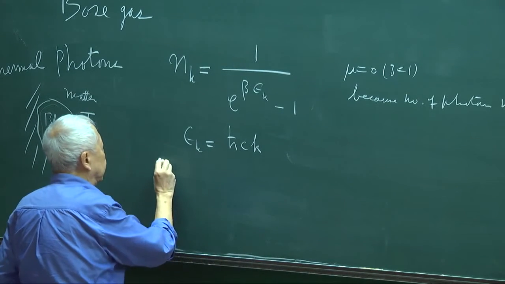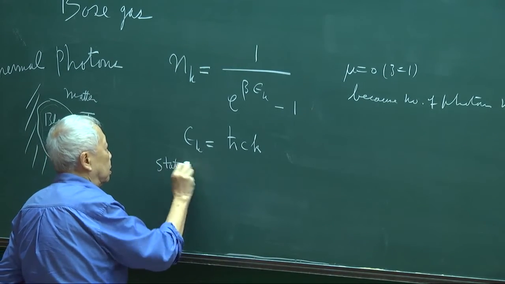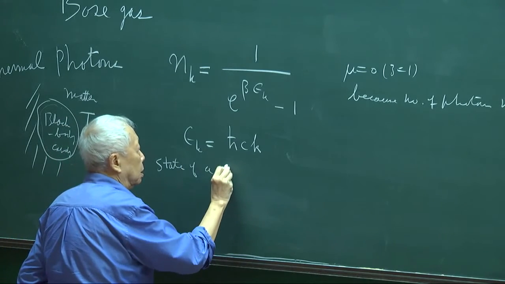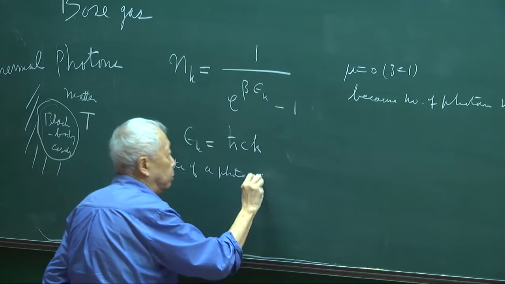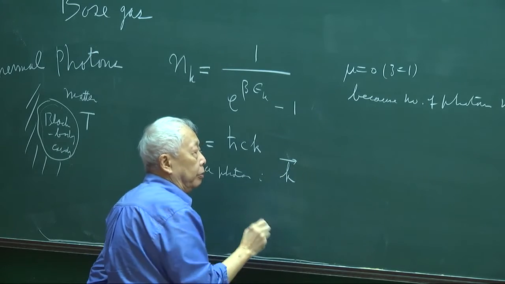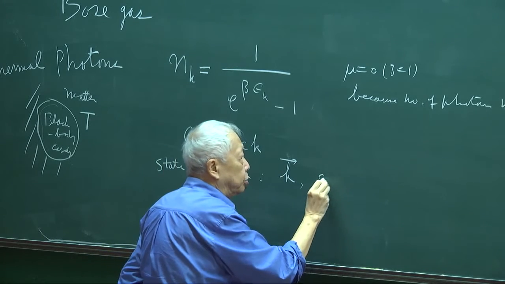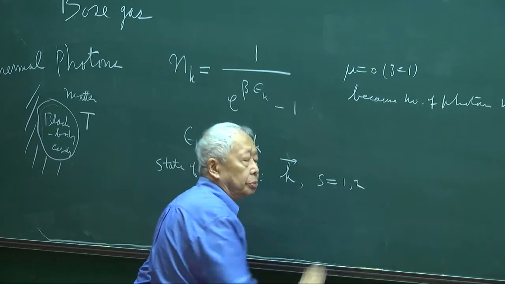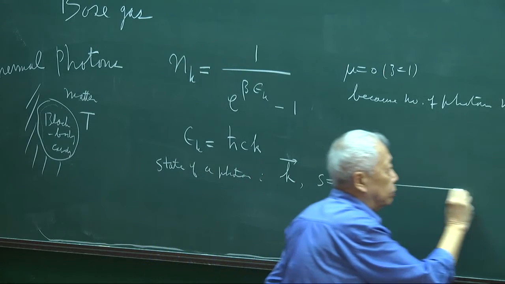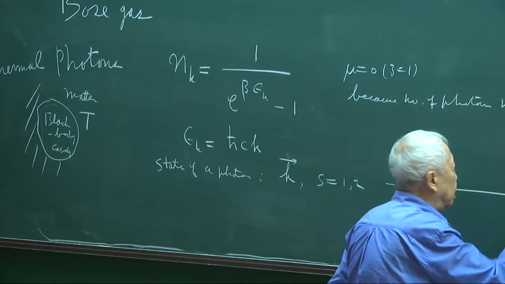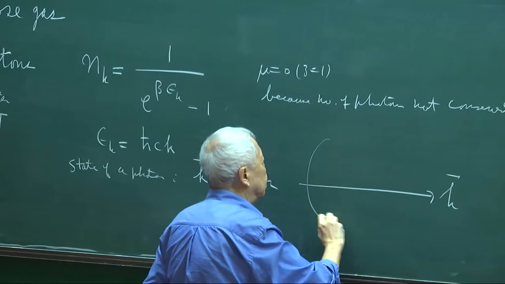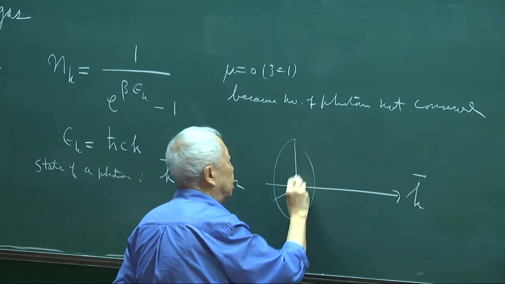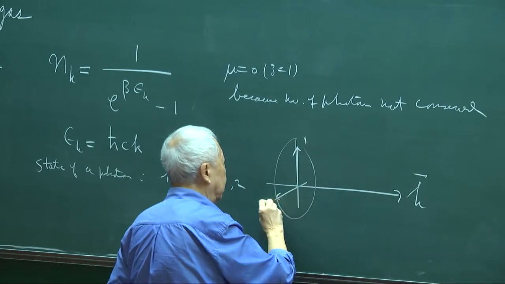And the state of a photon is labeled by the momentum vector k and a certain polarization s equal to 1 or 2. Polarization, that is, the photon propagates this way, k, and the electric field either points this way or this way.